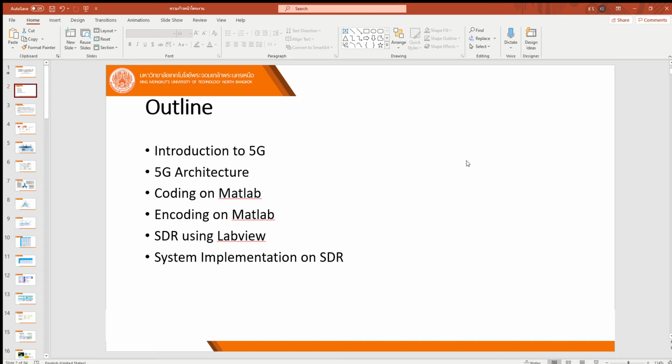LabVIEW is another kind of simulation software similar to MATLAB, but it is graphic so that it can be very easy to implement for 5G. And then we will talk about the system implementation using the SDR. So the tutorial course today will be how to use LabVIEW and MATLAB to simulate 5G system.